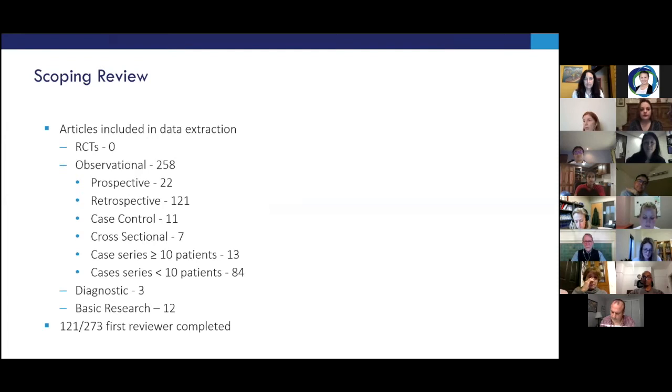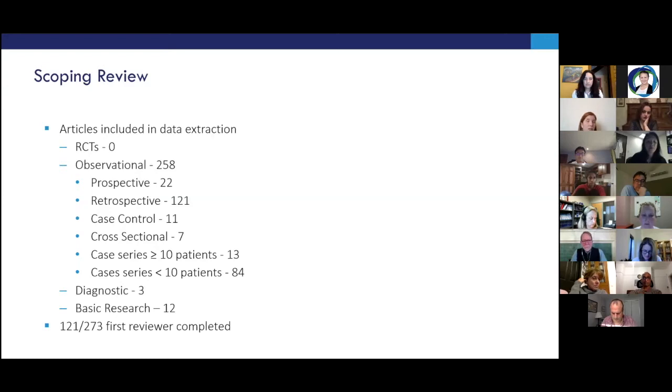So this is a breakdown of the article types in our scoping review. There are no RCTs or randomized controlled trials, which we were not surprised. A lot of the articles are observational articles, with many of them being retrospective cohort studies. We do have a fair share of case series that we have included, and we really only limited it to case series.